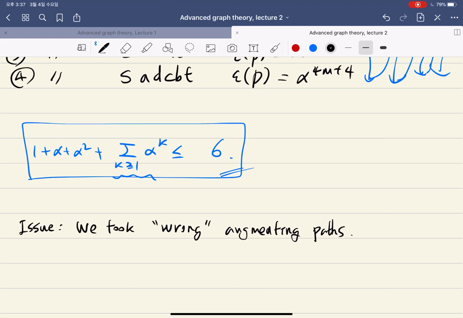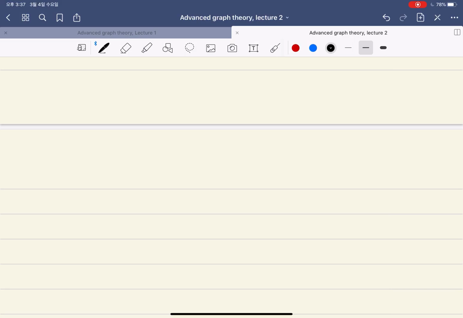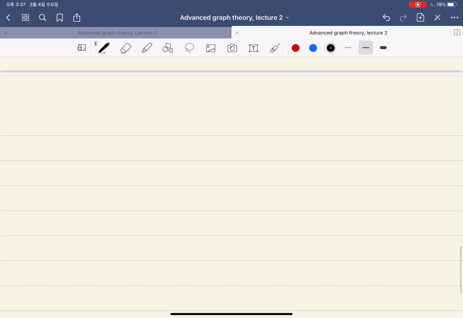When a network is given, there may be more than one augmenting path. Then you have to make the decision whether to go with this augmenting path or the other augmenting path. But in the above example, we made the wrong choice. So we can actually improve this algorithm by giving an instruction to choose the right augmenting path.